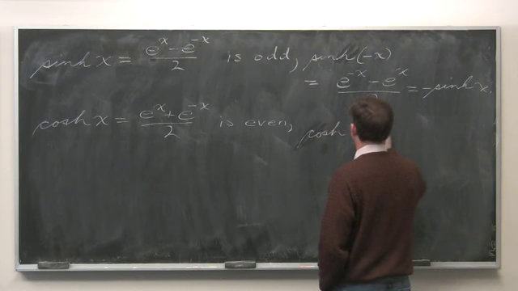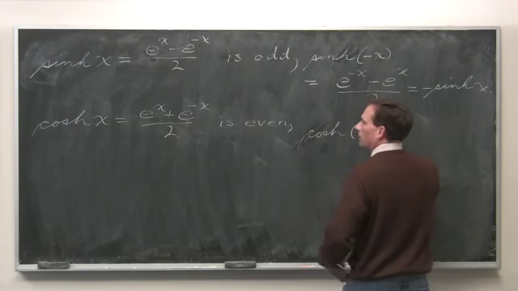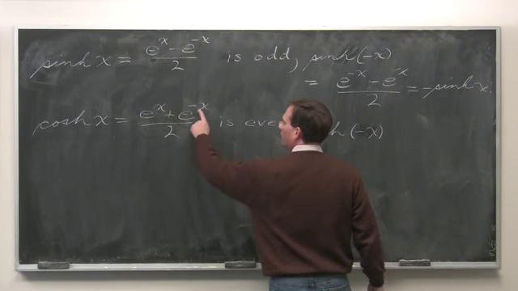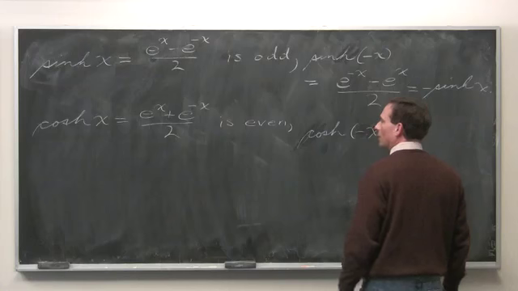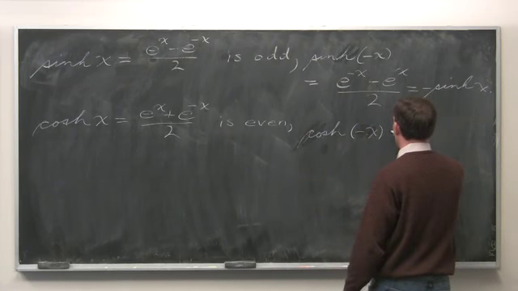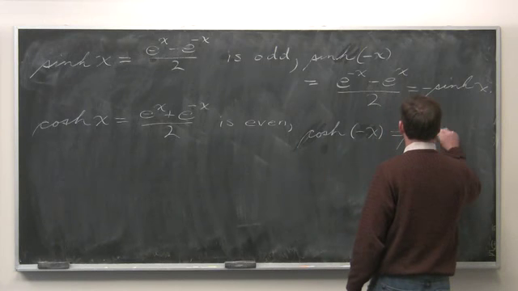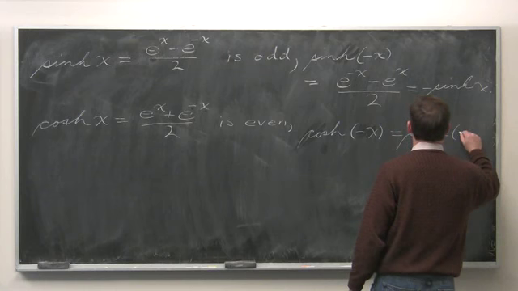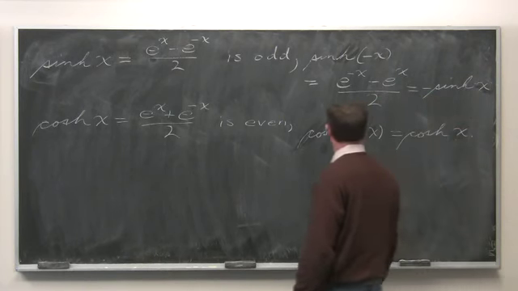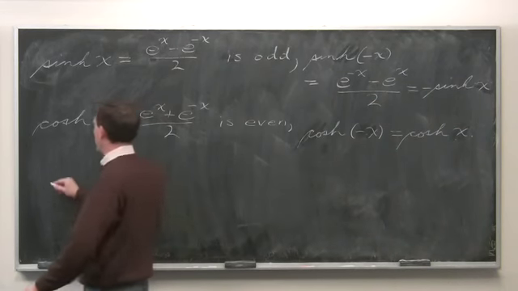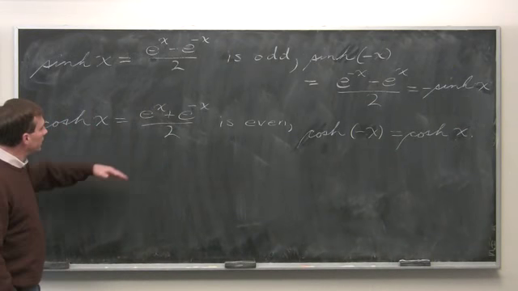Because hyperbolic cosine of -x, you simply replace x by -x here, so you get e to the x plus e to the minus x back again, they're just written in a different order. So this is even. Okay, great. What else can we see immediately?